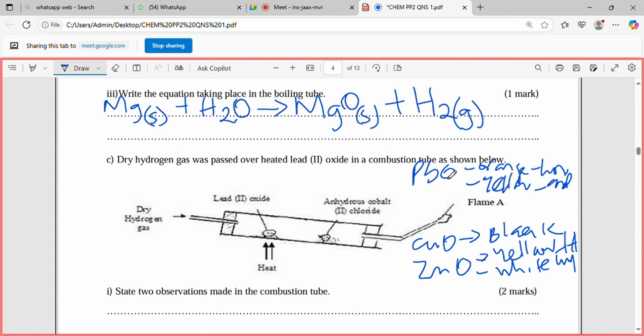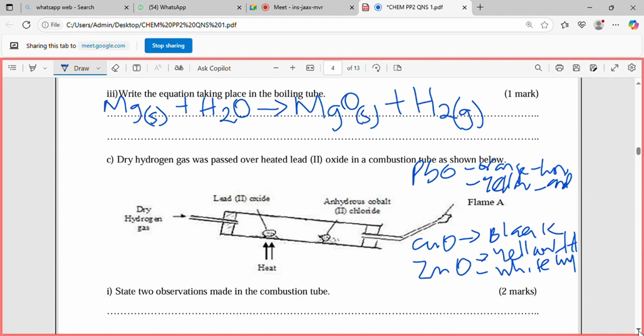So lead(II) oxide will be reduced to lead metal, which is gray. You are asked to state the observation.